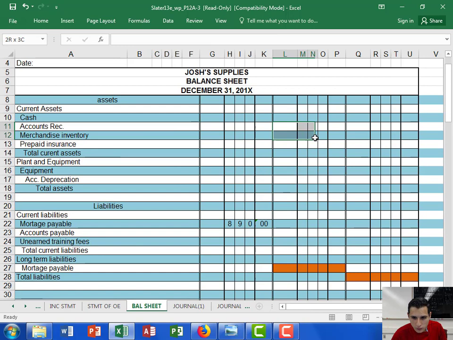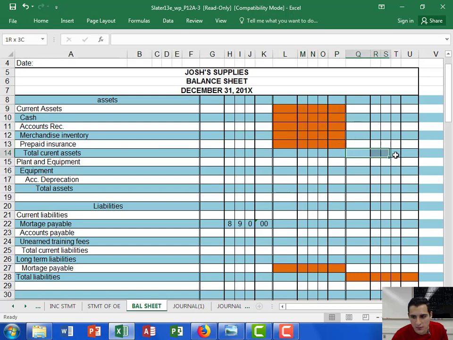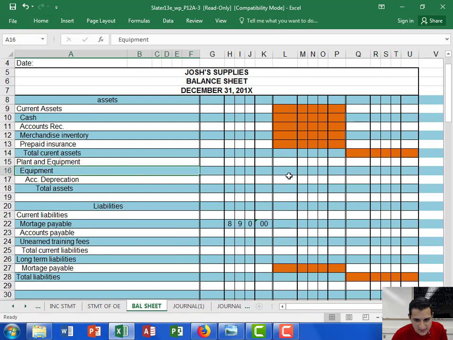So then your total amounts for these, let's see, from here to here should equal out to here, to then be subtotaled with your total assets out of equipment and the depreciation.